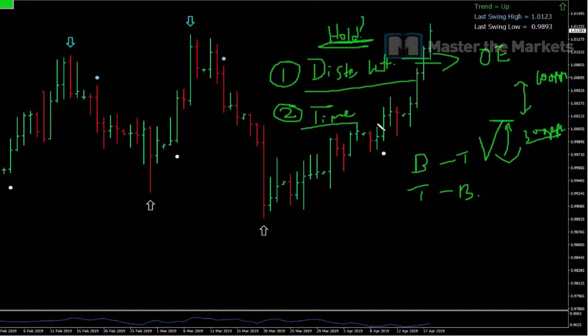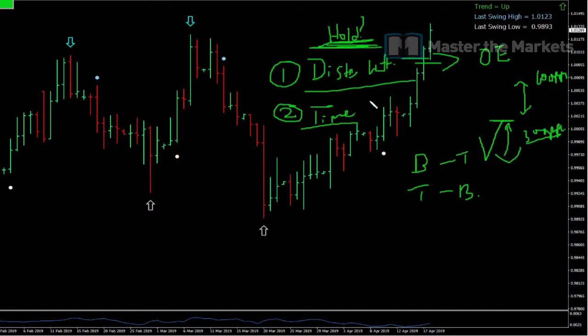The time-based result can be the number of days if you're trading on the daily time frame, or weeks if weekly, or hourly bars if hourly. So that's the thing you've got to look at in answering the holding question: how long do you hold your trades for? Distance and time.